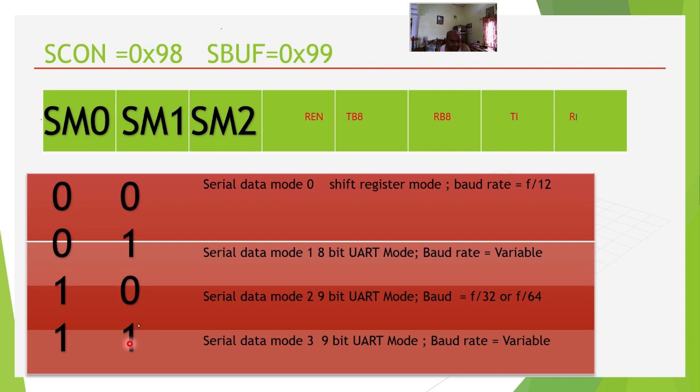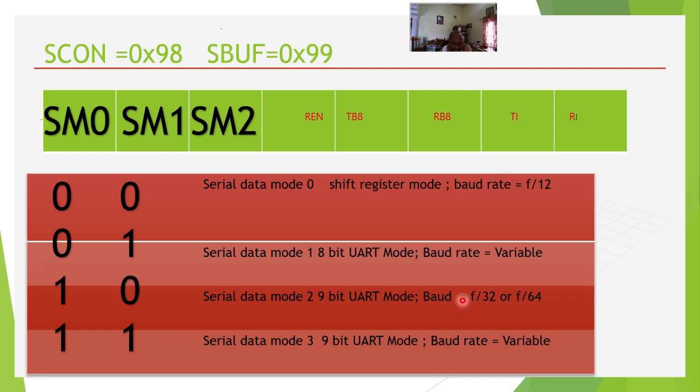And coming to the other two modes, those two modes are 9-bit UART modes. You can see here when the combination is 1 and 0, it is giving us mode 2, serial data mode 2, which is a 9-bit UART mode, where the baud rate is calculated using the formula f by 32, that is oscillator frequency by 32, or oscillator frequency by 64.